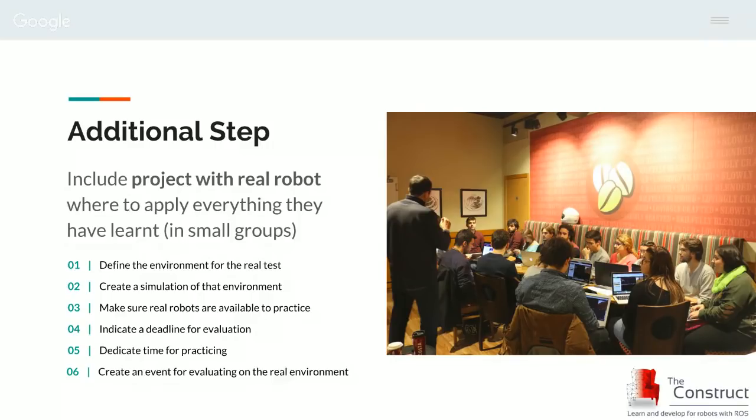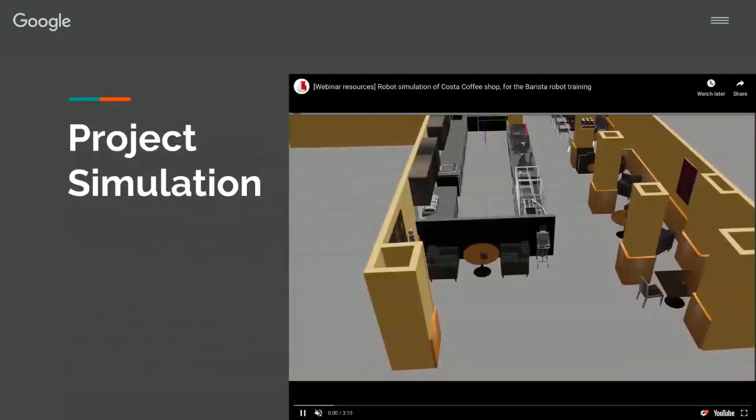When you are an engineer, you have to deploy your robot in a real environment, and it's a lot of fun, I can tell you, and the students are going to love it afterwards. So that's one additional step, and let me show you how we did it.